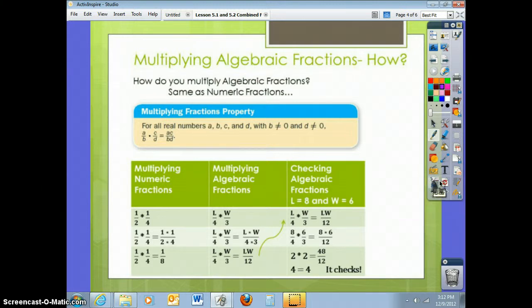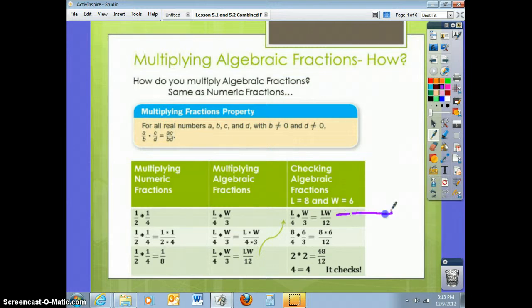Now you might at this point just have to take our word for it and believe it because you understand the original property, but you can check it to make sure that you didn't make any mistakes along the way. So we're going to take the final answer that we had, LW over 12, and take the original expression, which was L over 4 times W over 3, and use that for our check.